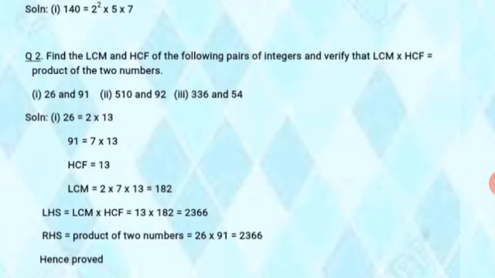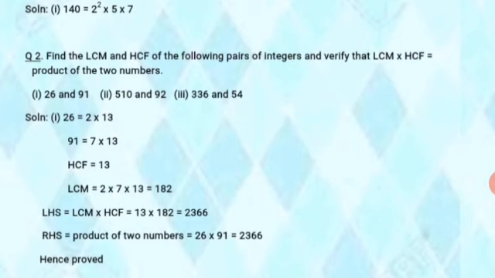The first sub question is done for you. 26 and 91 are the given numbers. 26 can be factorized as 2 into 13, whereas 91 can be written as 7 multiplied by 13. Children, in this case the HCF will be 13 because it is common in both, and LCM will be 2 into 7 into 13, which gives you 182.